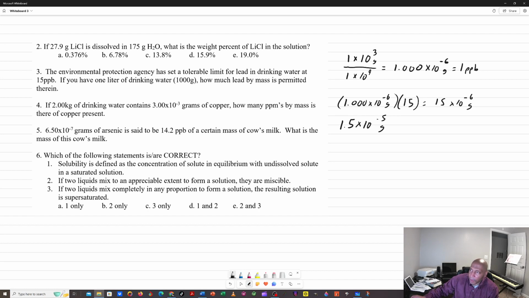Let's see what we got here. There we go. Let me pull up the rubric. Well, I have it for the parts per trillion, parts per million, but it works the same.